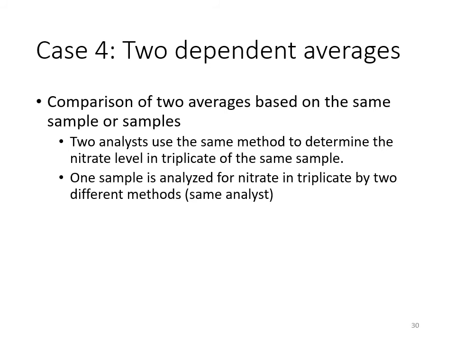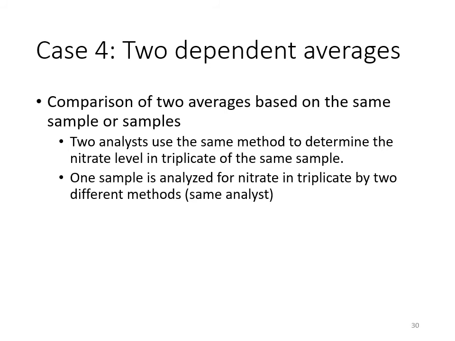So two students go out, for instance, they're using the same nitrate method, and they're determining the nitrate on the same sample. Or we have one sample, and it's analyzed for nitrate in triplicate by two different methods, same analyst. So we're only changing one factor in this case.